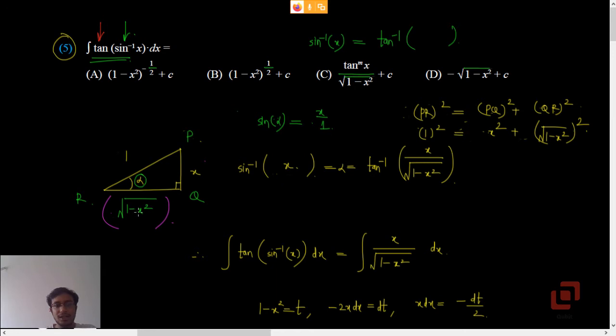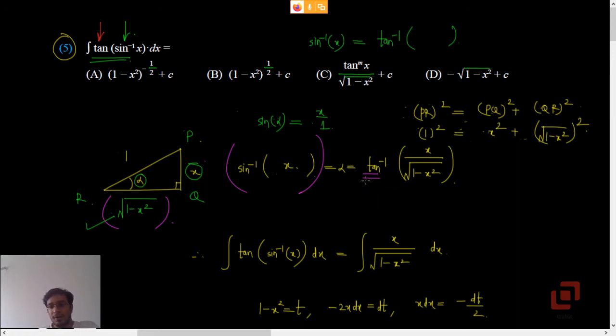Once you get the length of QR, you can express tan alpha in terms of x. Tan alpha will be the opposite side upon the adjacent side. So sine inverse of x, which is equal to alpha, is now tan inverse of x upon root of 1 minus x squared.